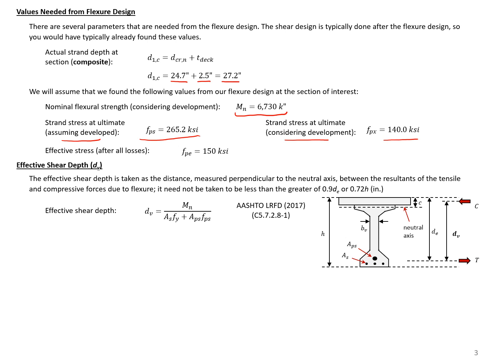All right, so our effective shear depth here, dv, is taken as the distance between our tensile and compressive forces. So our compression force, our tension force, and our dv is the distance between those two forces.